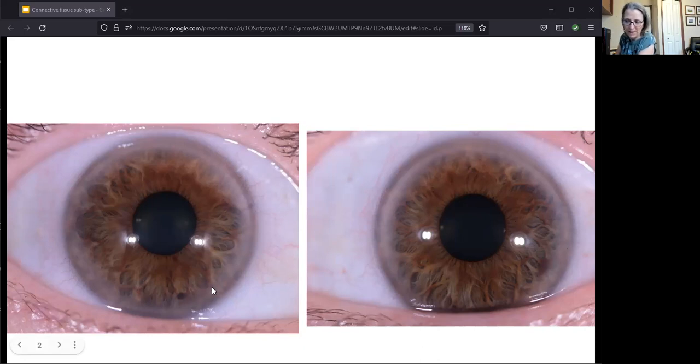So when we see this, it again suggests that this person may not necessarily replace or repair their collagen really well. It doesn't mean they all have Ehlers-Danlos Syndrome. Okay, we aren't going to jump to that conclusion because that would not be accurate. It just simply means they may not repair their collagen as well as people who don't have this.